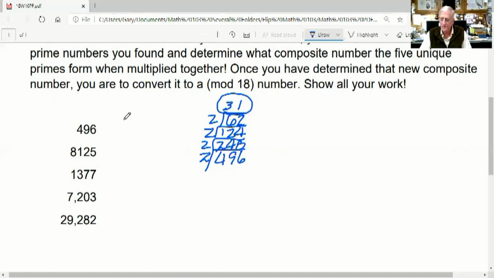Okay? So I'm going to write over here, 496 is equal to 2 to the 4th power times 31. So 31 is that one crazy number we're looking for in the first composite number.